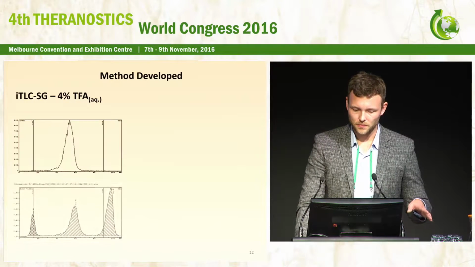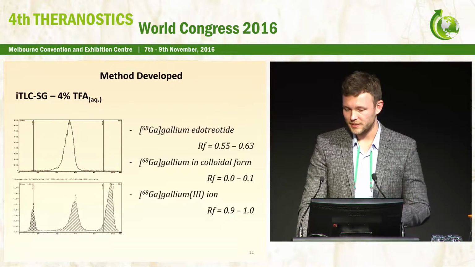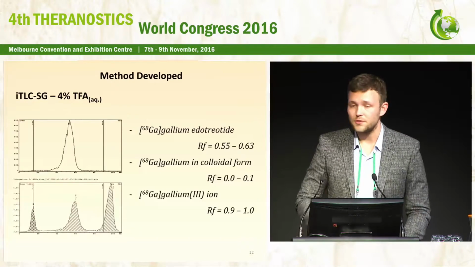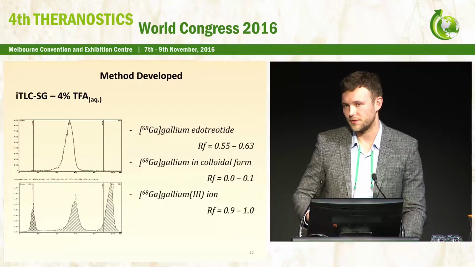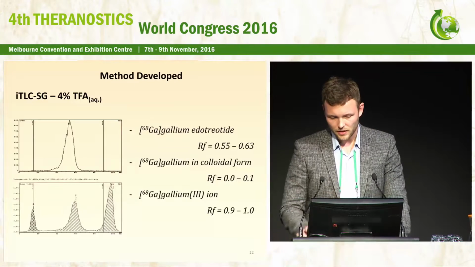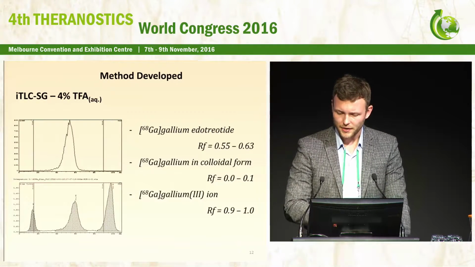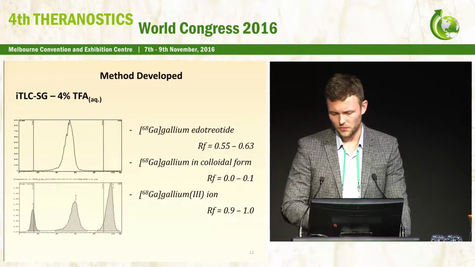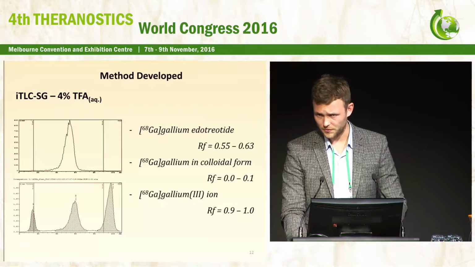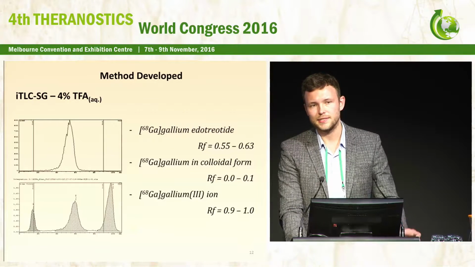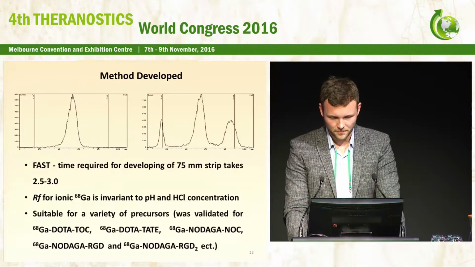In this system, the peptide stays at the center of the chromatogram with a retardation factor around 0.5. The colloidal form stays at the origin of the chromatogram, and ionic forms of gallium move with the solvent front. It looks very nice, with a good resolution, not less than 3 or 4 sigma.